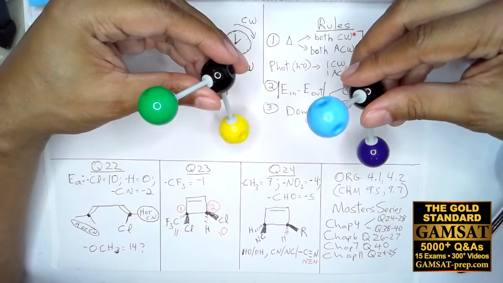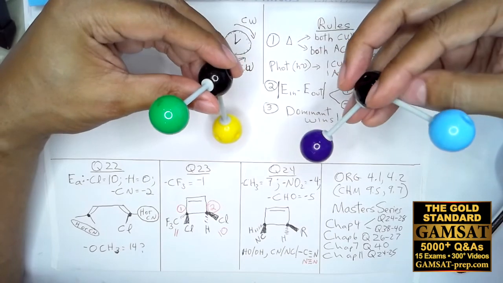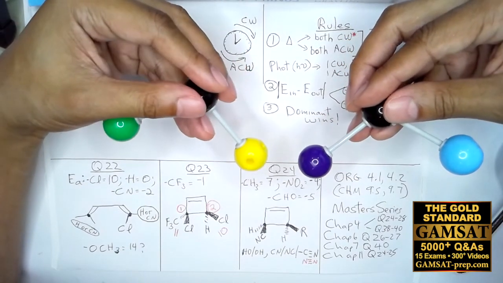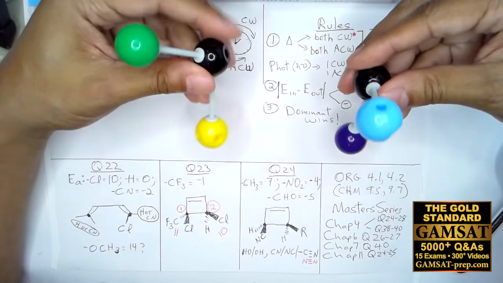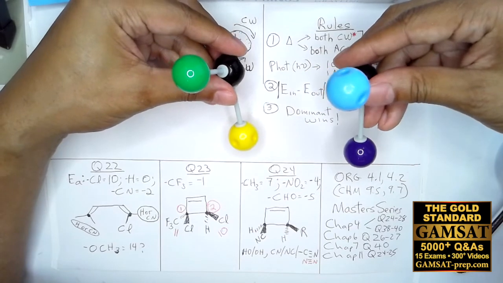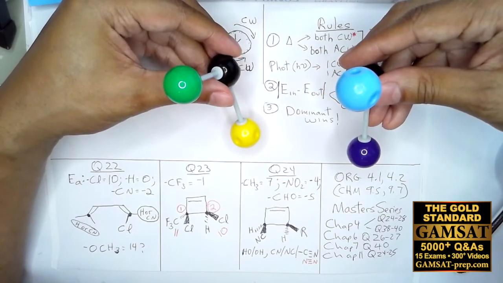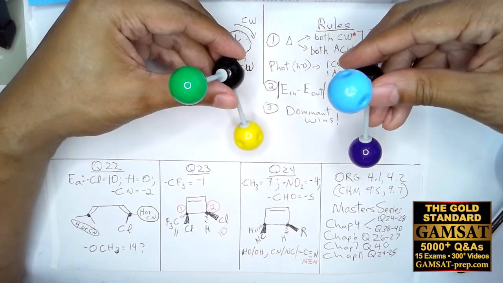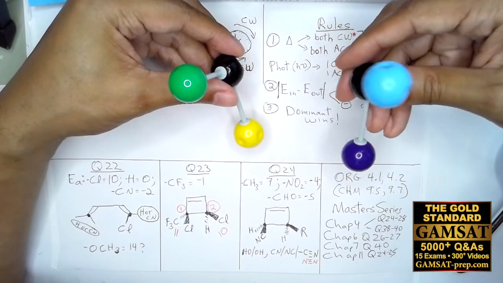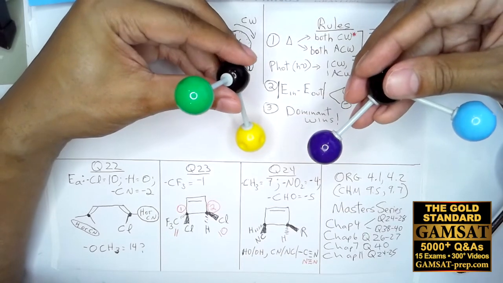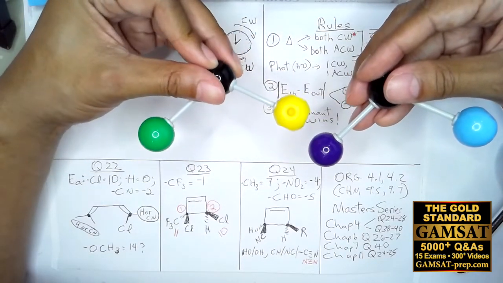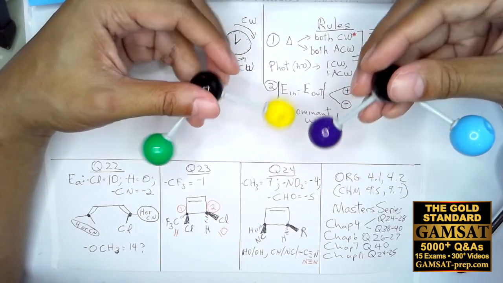NO2 at minus 4 moves out, and because it's photochemically, CN also moves out. CHO minus 5, like NO2, have a greater drive to move out than the cyano group has to move out. So CHO moves out, but because it's photochemically, okay, the cyano group also moves out.